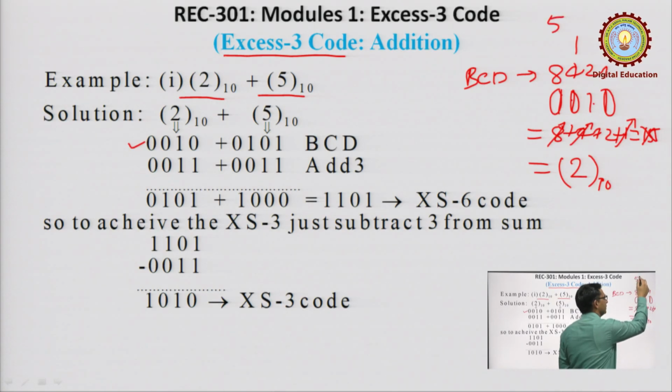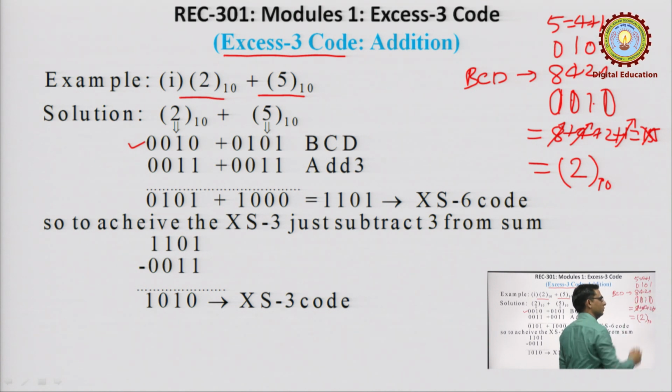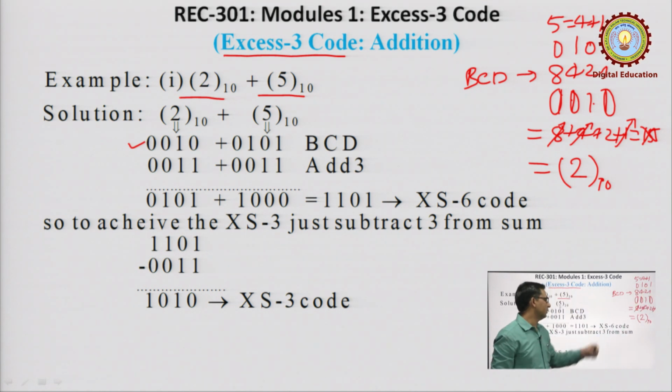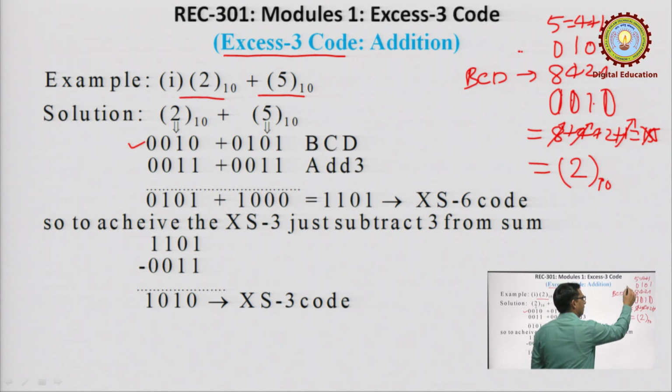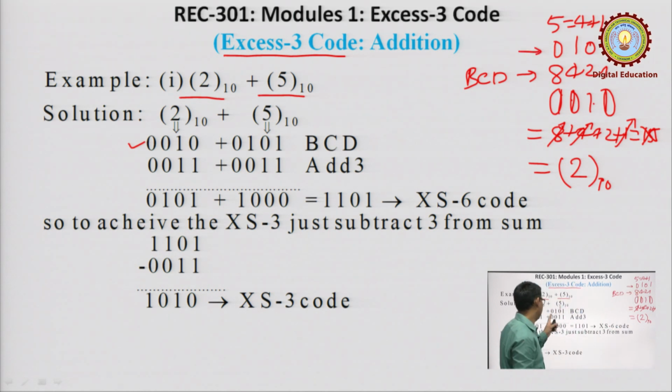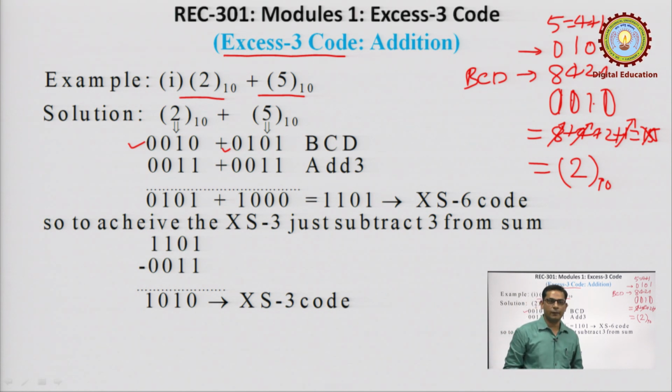We know 5 is equal to 4 plus 1. So, this 4 digit will be high, 2 will be low, this will be high, this will be low. So, the BCD equivalent of 5 is 0101.